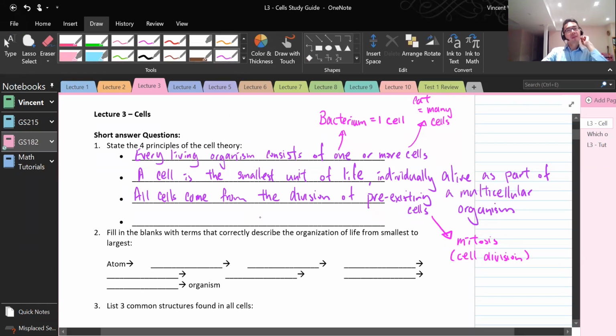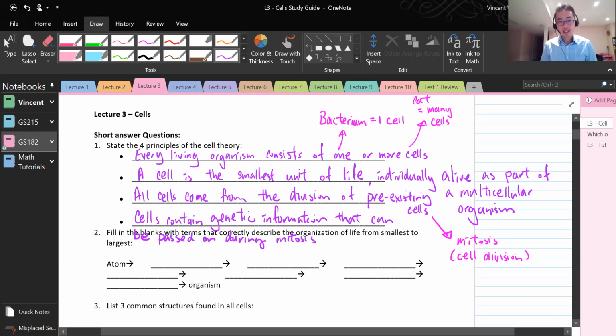And then the last part basically states that cells contain genetic information that can be passed on during cell division or mitosis.